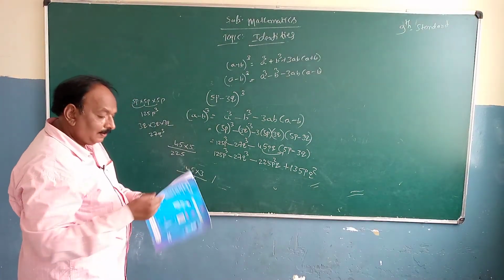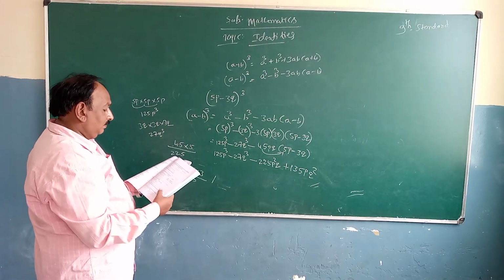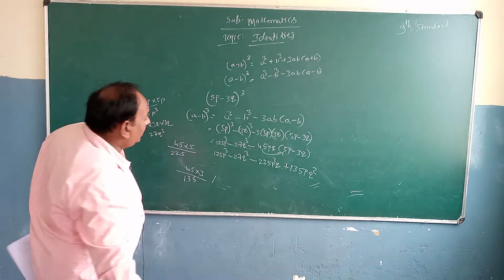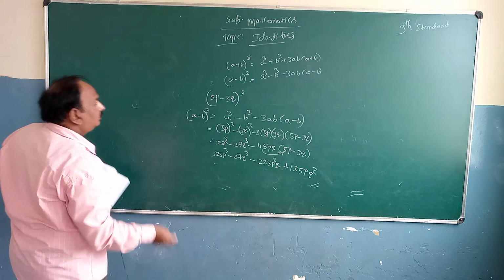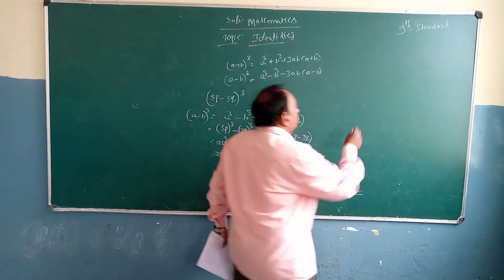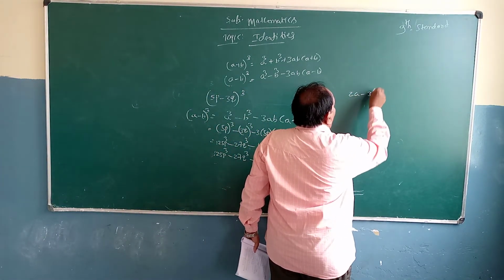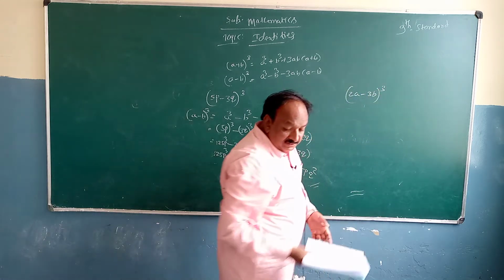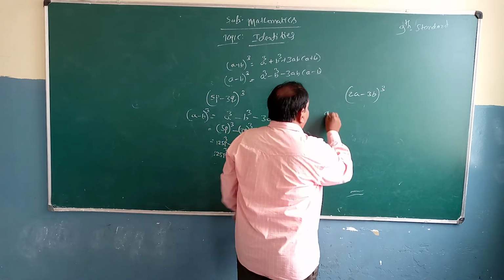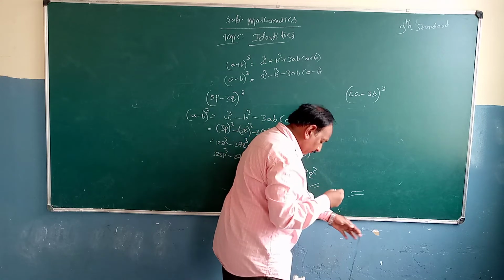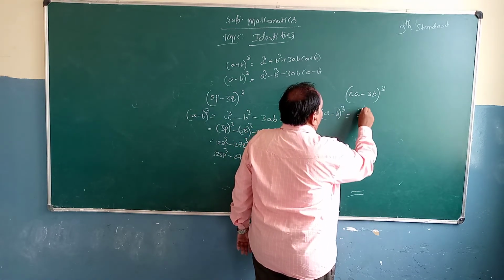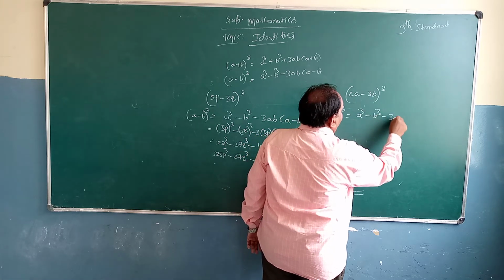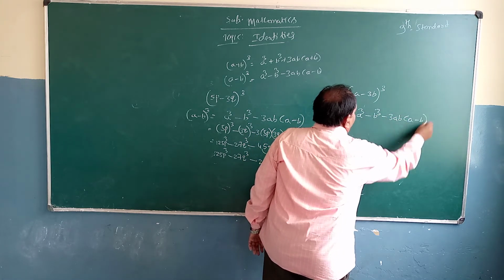Now, one more problem. 2a minus 3b whole cube. Again, this is of the form a minus b whole cube is equal to a cube minus b cube minus 3ab into a minus b.